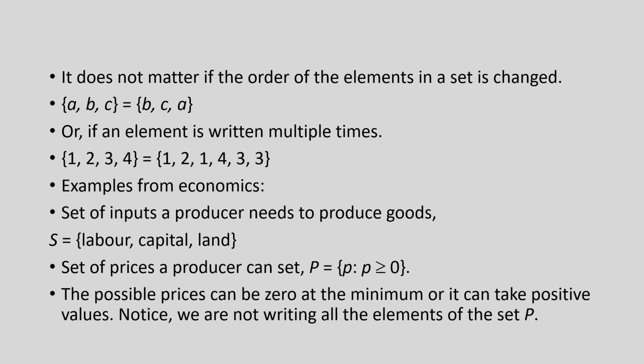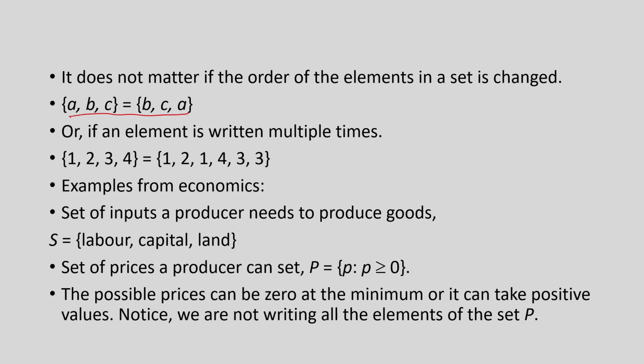It does not matter if the order of the elements in a set is changed. So, remember, in a set I am writing all these elements with commas, but it does not really matter in which order I am writing the elements. So, here is an example.